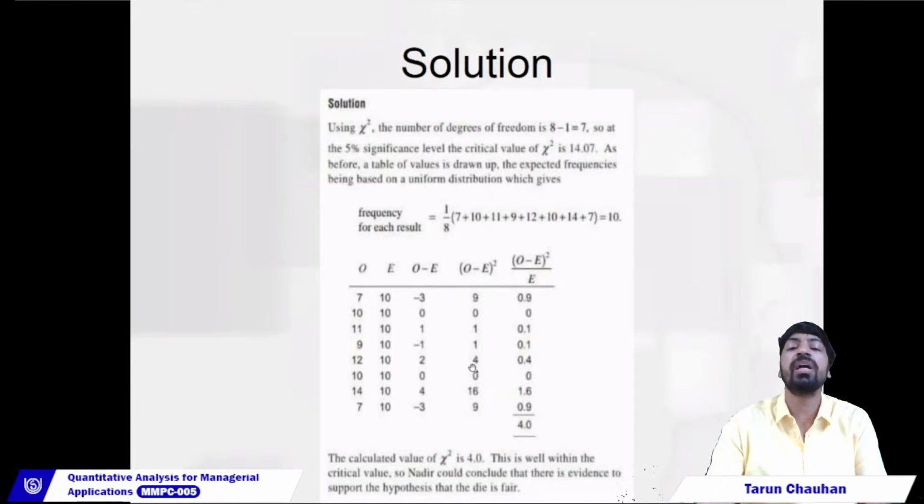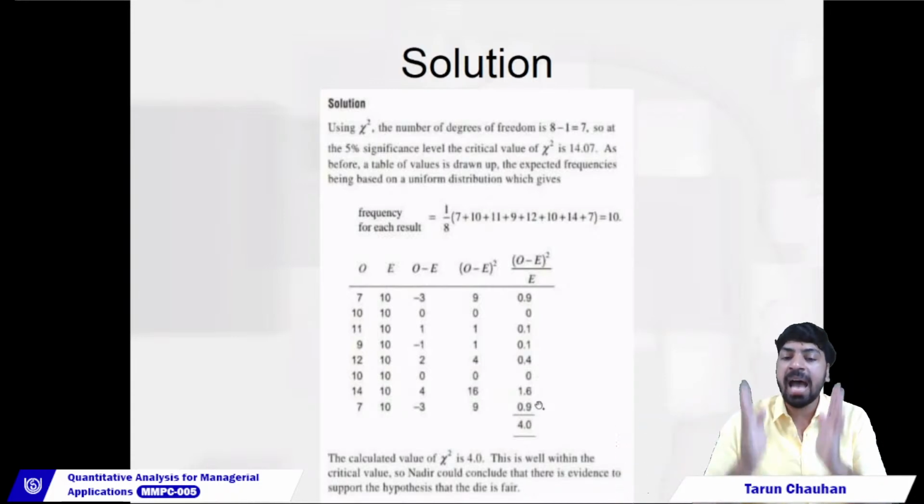Once you square them, divide by the expected frequency: 9 divided by 10, 0 by 10, 1 by 10, 1 by 10, 4 by 10, 0 by 10, 16 by 10, and 9 by 10.